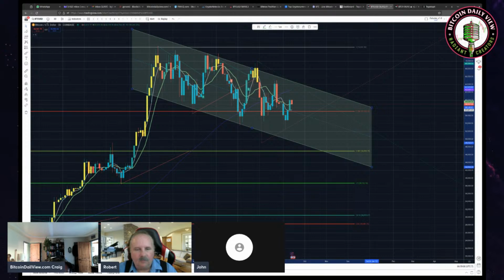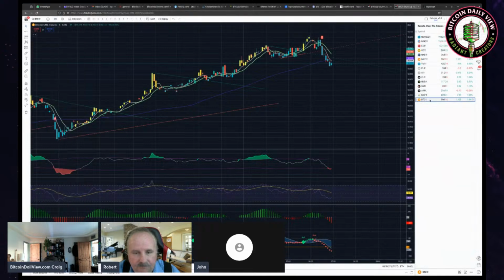If anybody is into trading Bitcoin futures, you can trade it on 30-minute candles. You can still get in there, just looking at BTC1!, that one there.